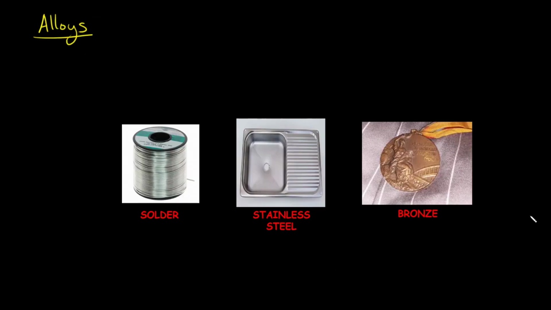The last thing to talk about in this video is alloys, or what an alloy is. Now, an alloy is simply when we take a metal and we mix it with another metal or another non-metal to try and get the best properties out of the different metals that we're mixing.